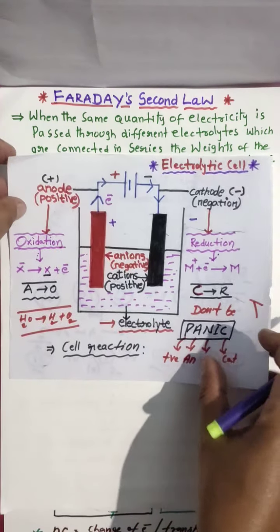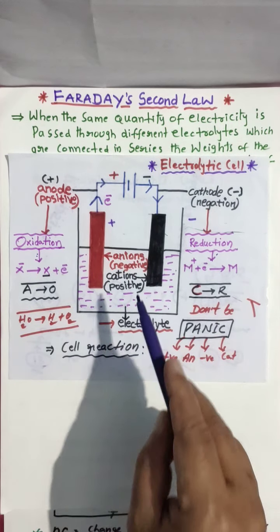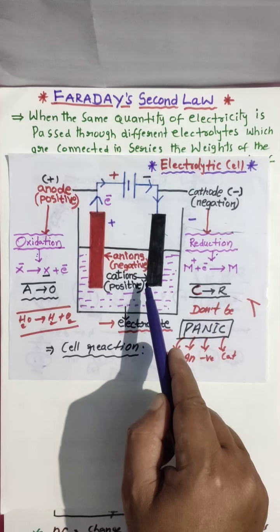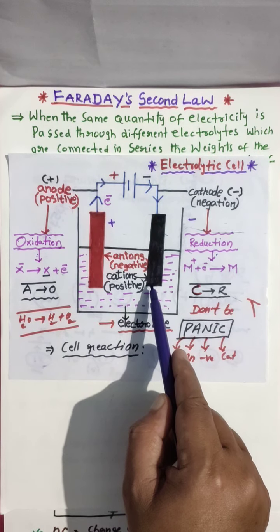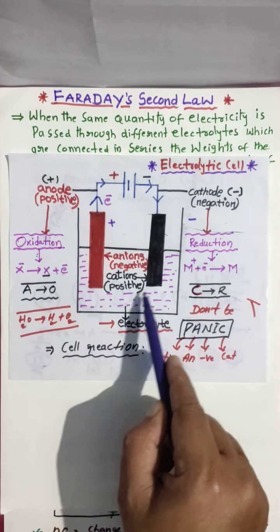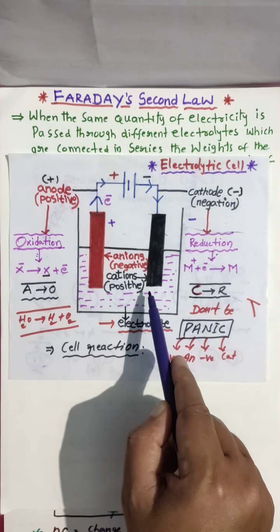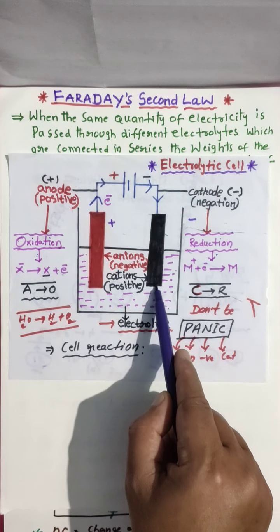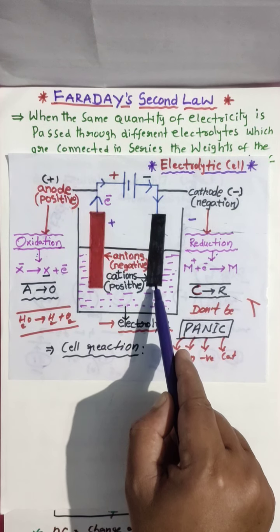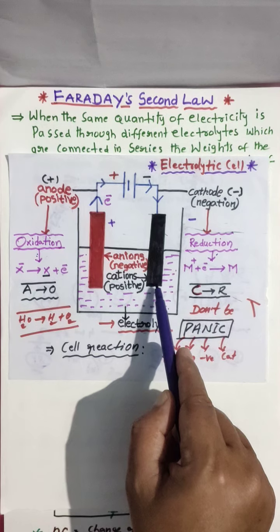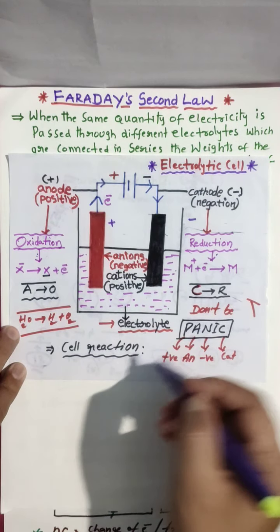You know that when some amount of charge is passed through a single electrolyte, the amount of substance deposited at the cathode is directly proportional to the charge. That we learned already.